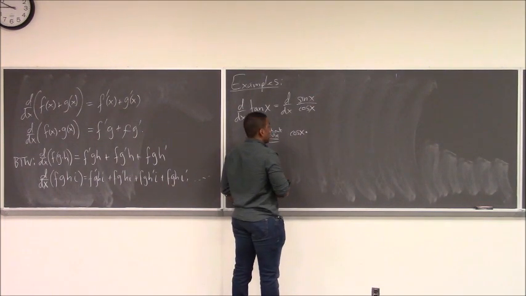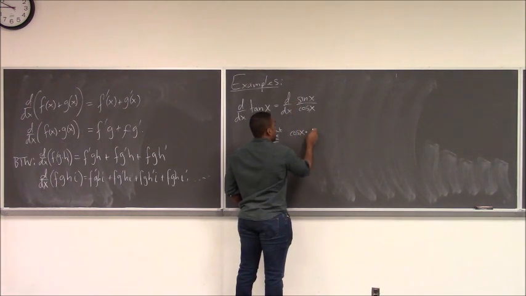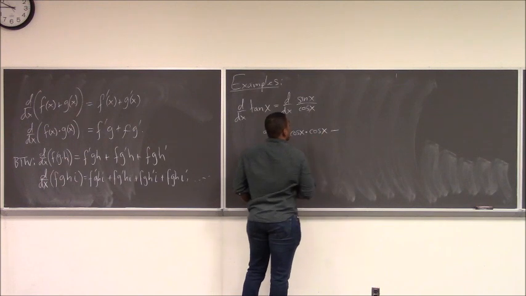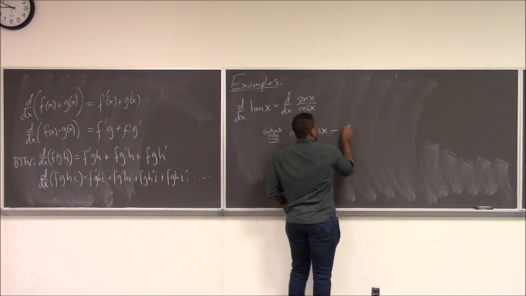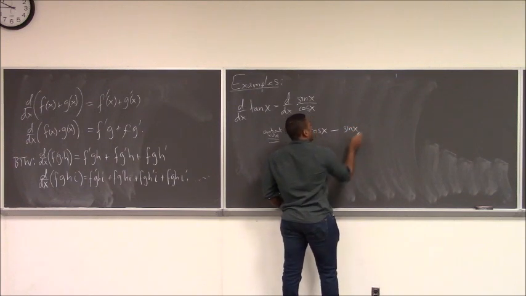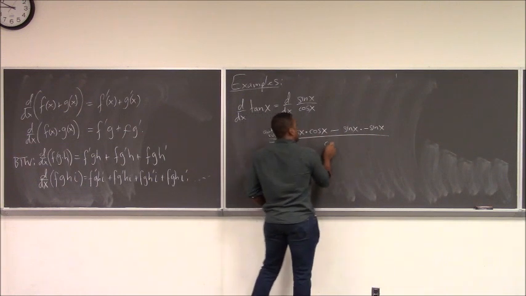Oh wait, cosine x times cosine x. It's the bottom times the derivative of the top, minus, then minus sine of x times negative sine x, all over cosine squared. All over the bottom squared.